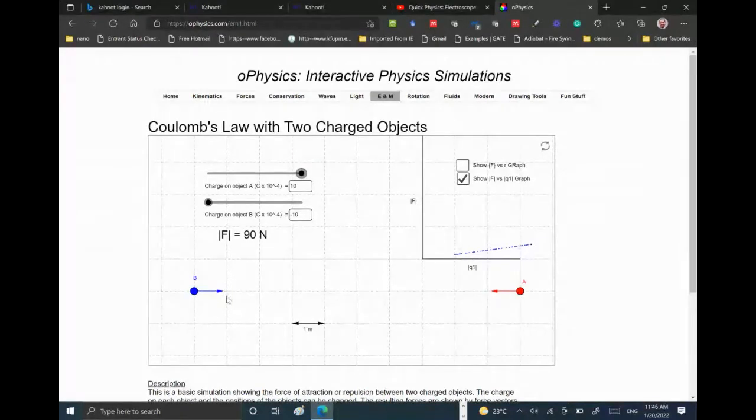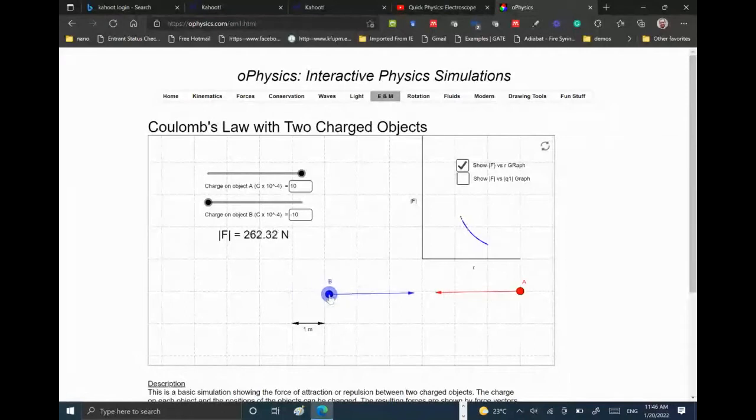Now let's see how the force changes with distance. Let's keep the charges the same, and we'll just vary the distance between the charges. Here, let me show the force versus R, the distance R. The distance here is so many meters. So let's bring it close, closer, closer.